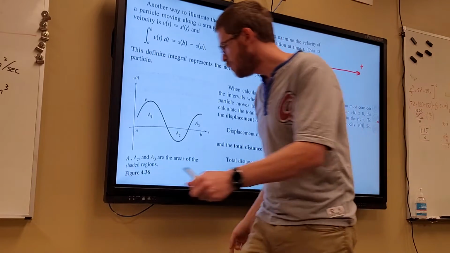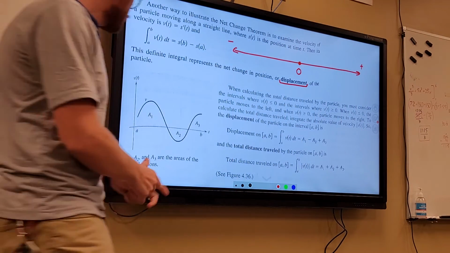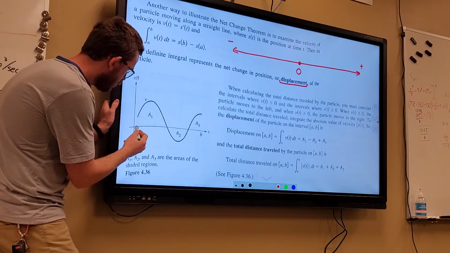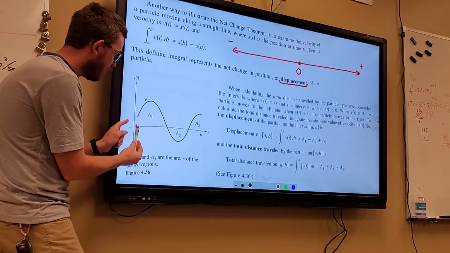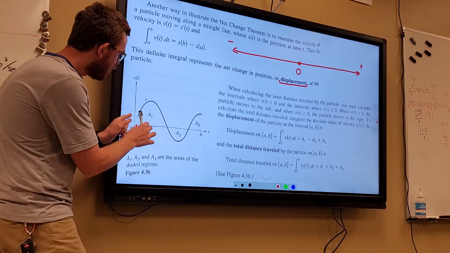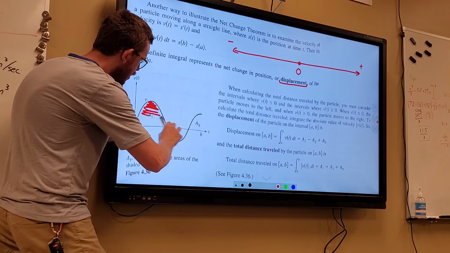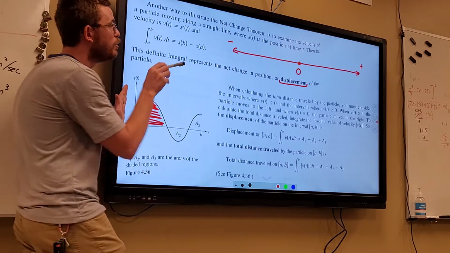Visually, it would look kind of like this graph right here. Imagine our particle starts at time A, and because our velocity is positive during all of this time right here, it's accumulating, moving to the right.